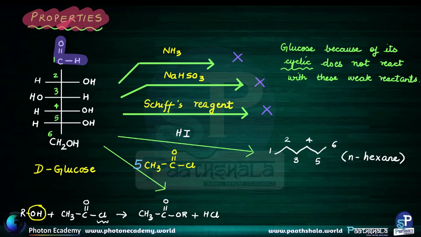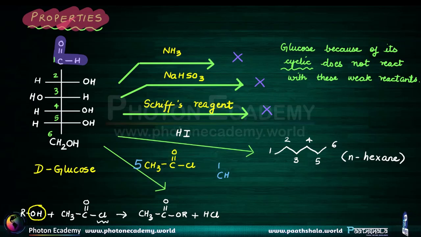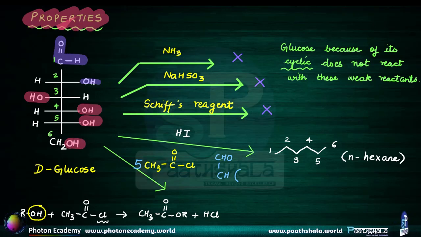It was CH with a CHO group at the top, of course, and all the OH groups were removed, namely these OH groups were removed, and in place of the OH groups, we had the placement of OC double bond O CH3.